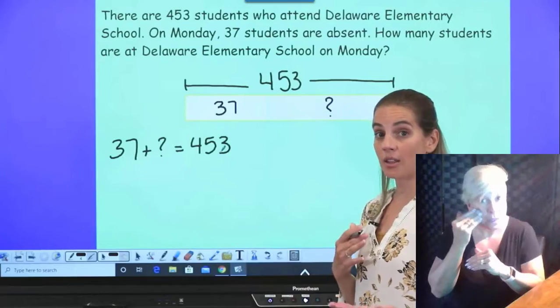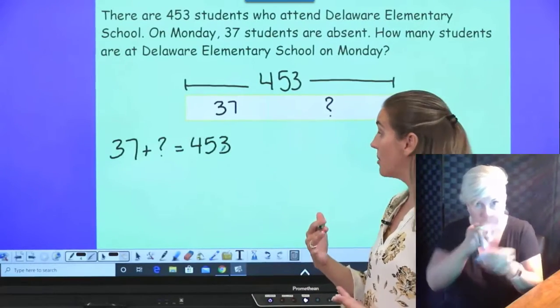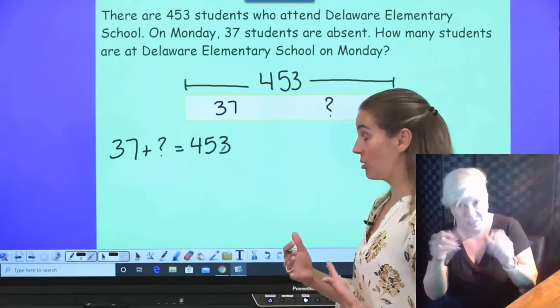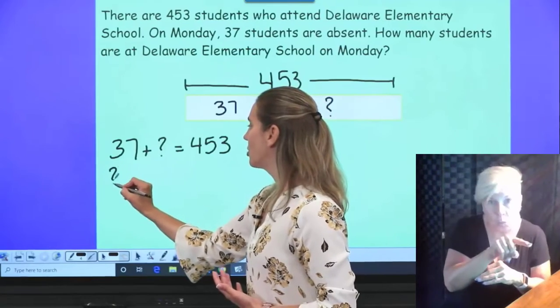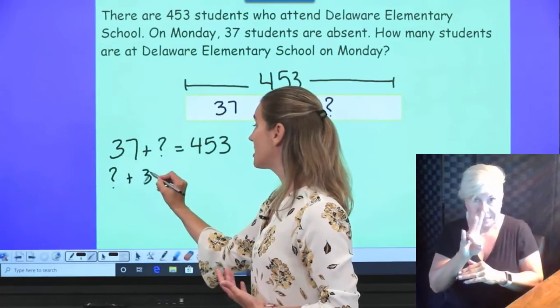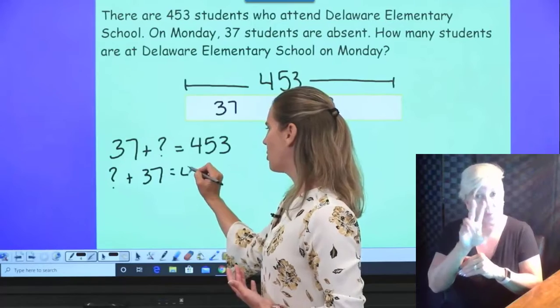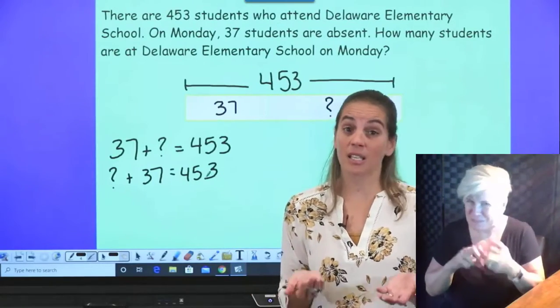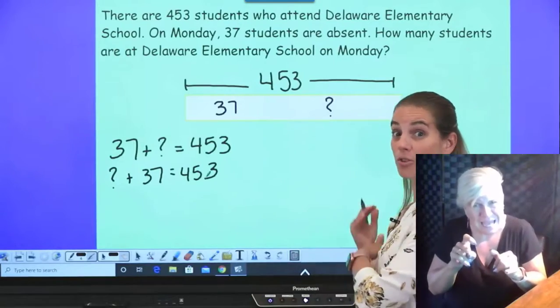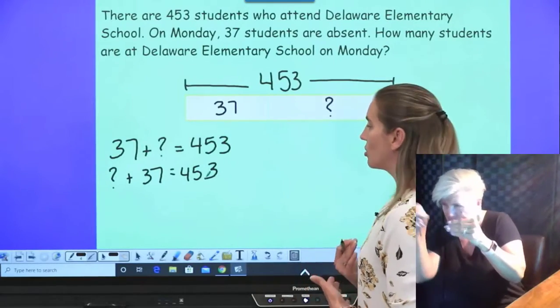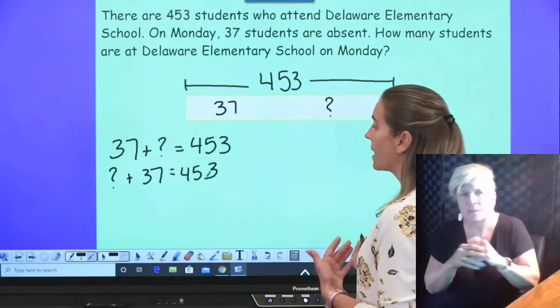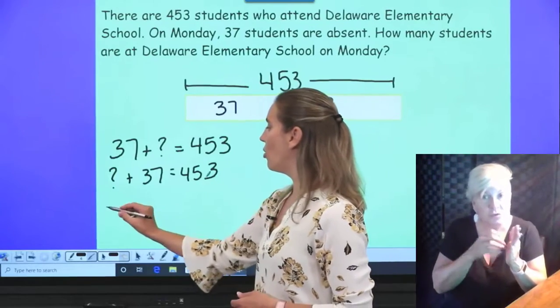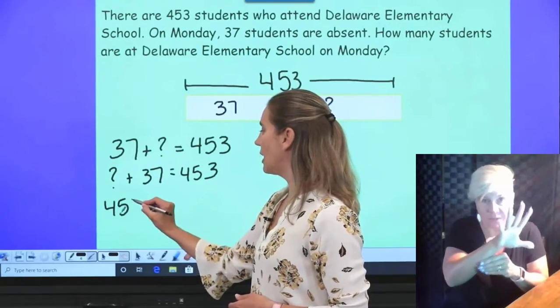We know that we can take those two addends and switch them around to make another addition sentence. So I can do question mark plus 37 equals 453. Well, that doesn't help me solve the problem because I still need to make that question mark come all the way over to the right-hand side by itself. So let's do some subtraction. To start with subtraction, we're going to start with our whole, 453.